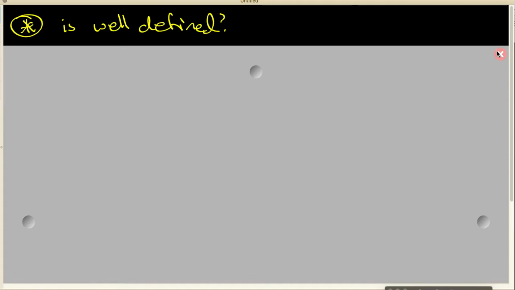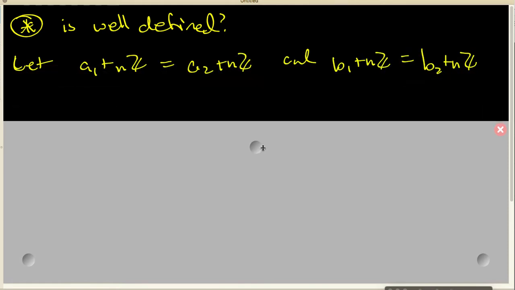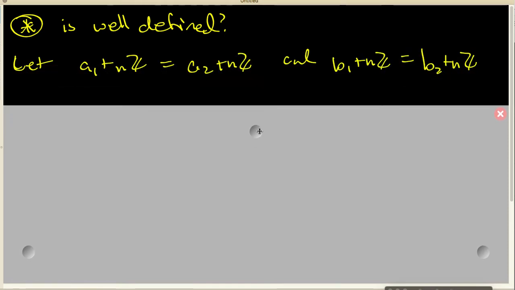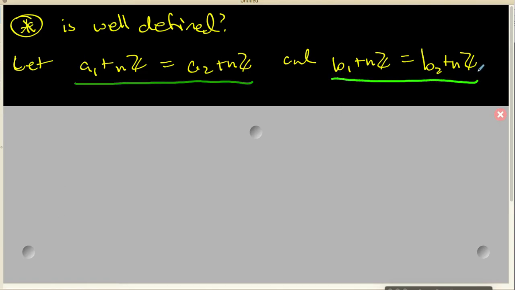We start off with the same set of ideas. We're going to let our first coset have the names A1 plus nZ and A2 plus nZ, and the second coset is going to be named both B1 plus nZ and B2 plus nZ.